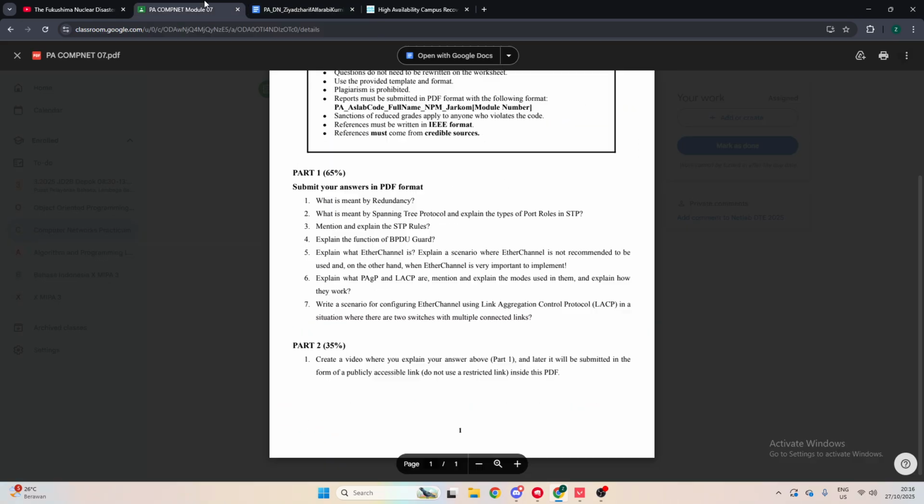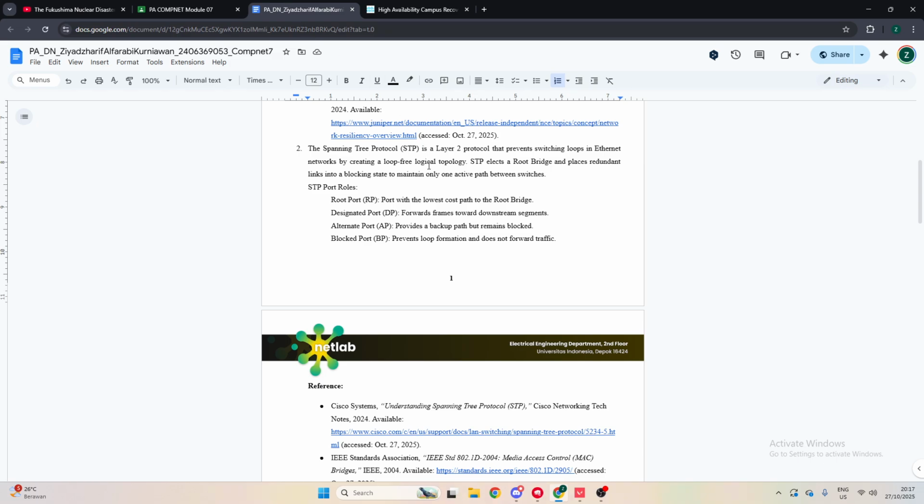Then we have number two, which is: what is the spanning tree protocol, and explain the types of port roles in STP. Spanning tree protocol is a layer 2 protocol that prevents switching loops, which is the main thing, in Ethernet networks by creating a loop-free logical topology. STP elects a root bridge and places redundant links in the blocking state to maintain only one active path between the switches.